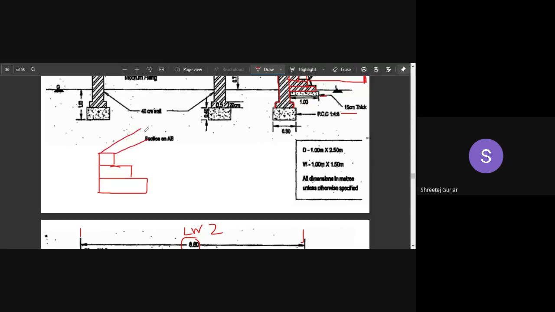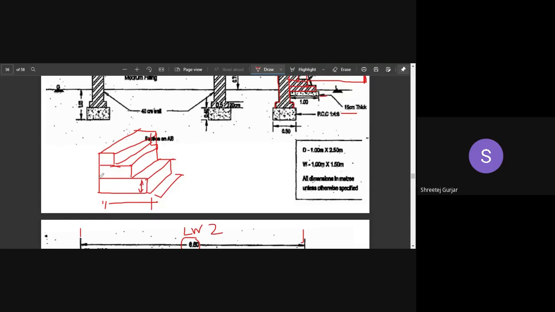This is how we calculate the volume of steps required. This is your first step, second step, and third step. This is 1 meter, this is 0.9 for the first step, and this height is 0.2 meters for the first step.